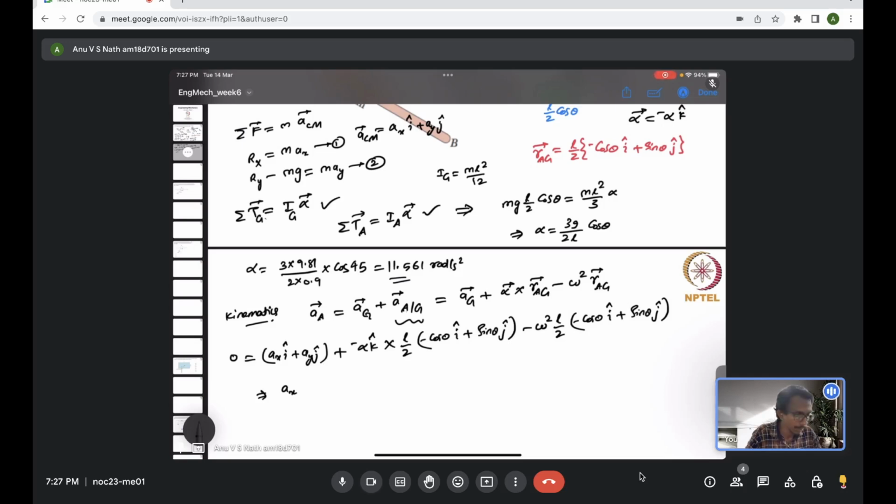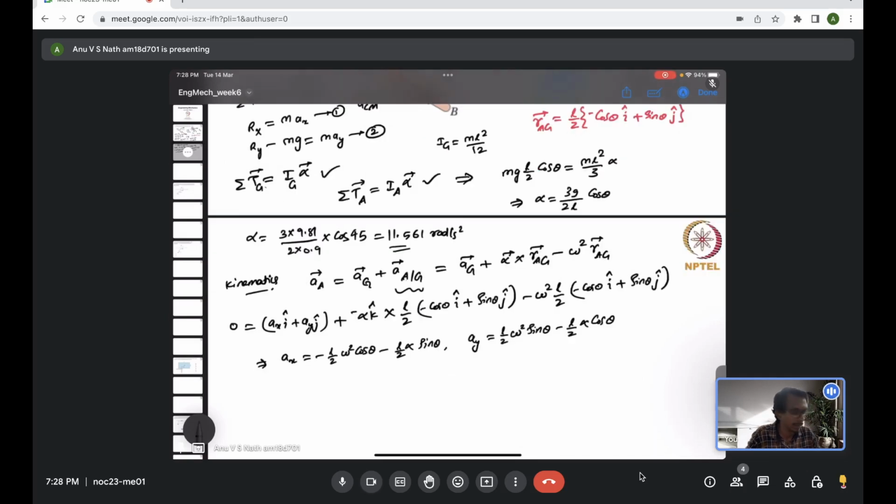So the acceleration in the x direction, you can get it to be minus L by 2 omega square cos theta minus L by 2 alpha sine theta, comma, acceleration in the y direction is L by 2 omega square sine theta minus L by 2 alpha cos theta.